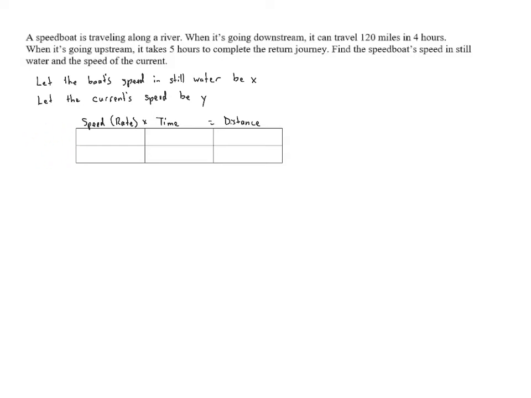And if you'll notice, the information we're given are the times, 4 hours and 5 hours. And those times correspond to when the speedboat's going downstream and when it's going upstream. So that's how we'll label the two rows. Downstream and upstream.